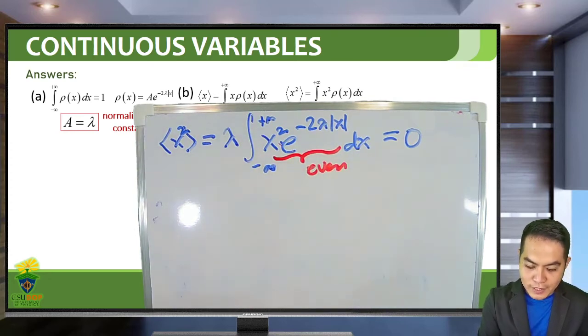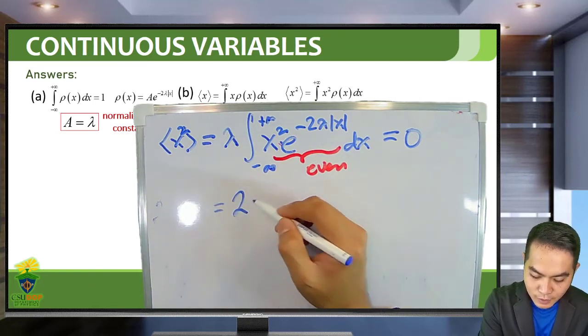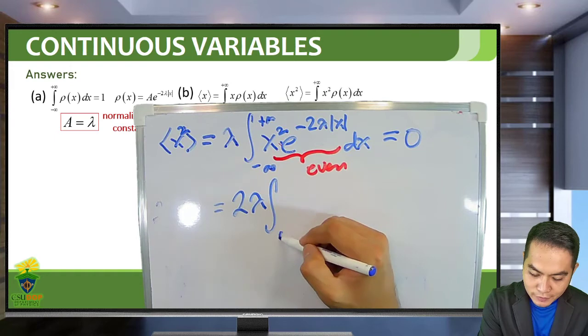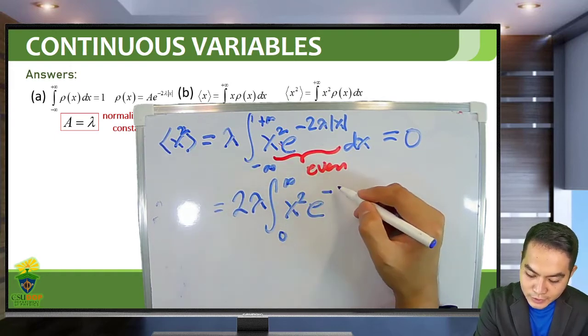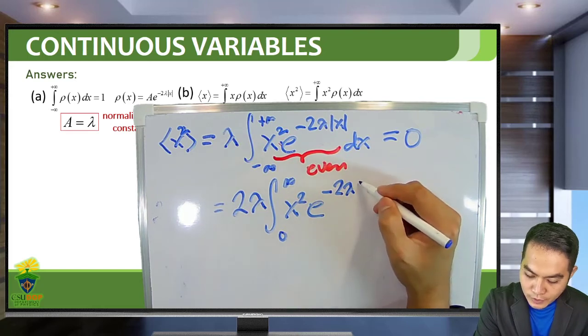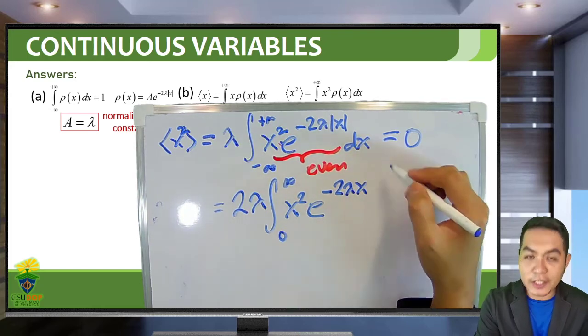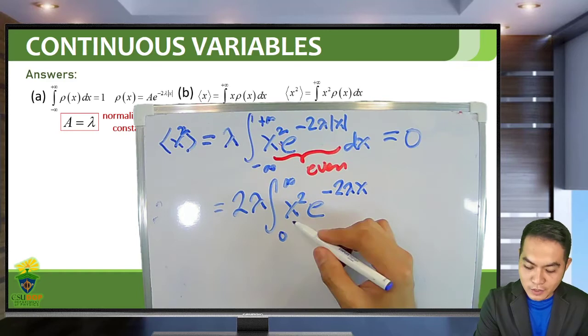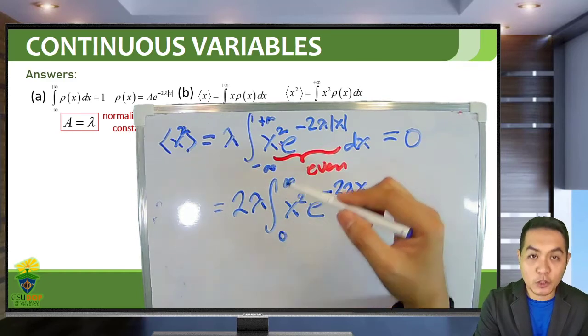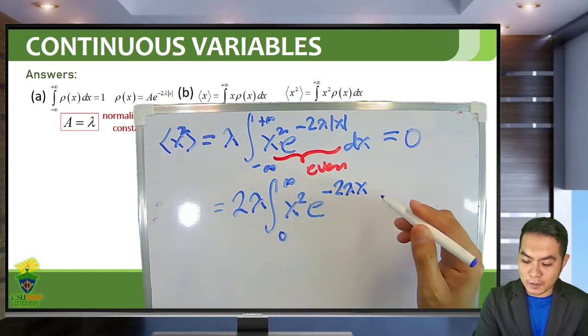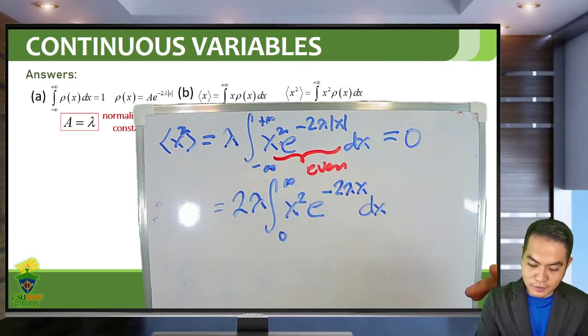Therefore, even integrand, even limits, I can just multiply by 2 and integrate from 0 to positive infinity. So you have x squared e to the negative 2 lambda x dx. I no longer need the absolute value sign, because we are in the range 0 to positive infinity, where all the values of x are positive.